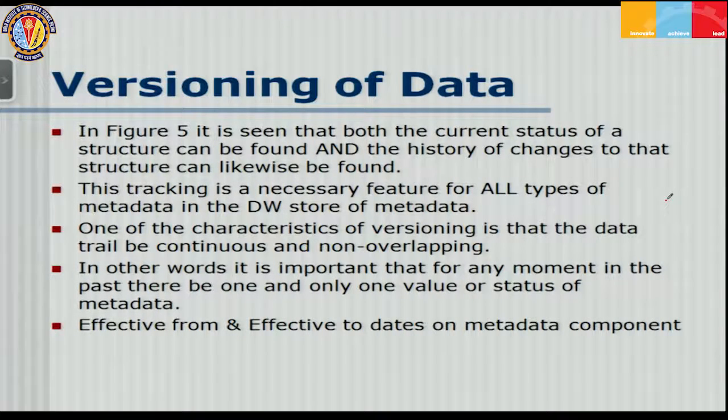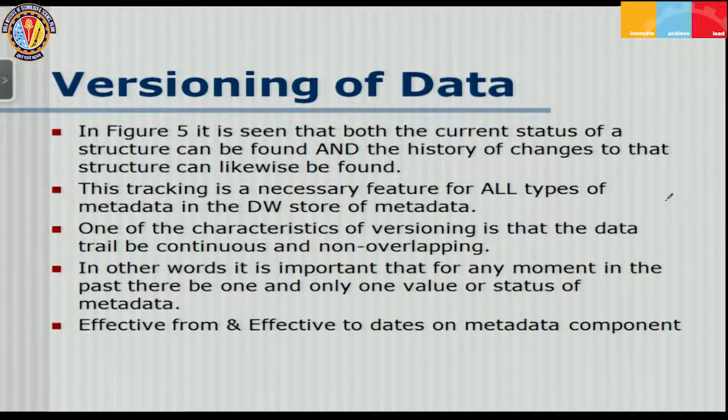We always make sure that it is not overlapping, because if it is overlapping, then there will be confusion. In other words, for any moment in the past there must be one and only one value of state or status of metadata. The non-overlapping nature takes care of that.